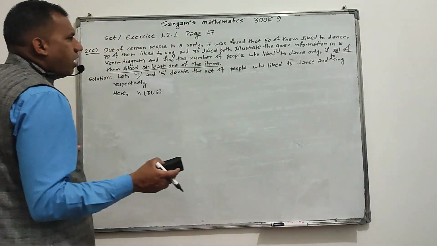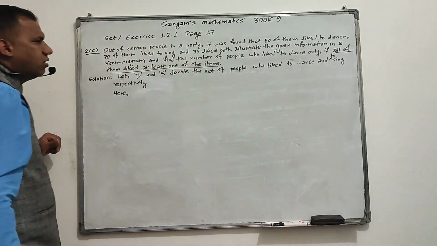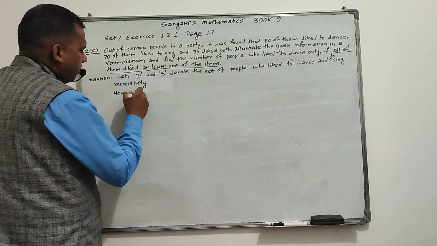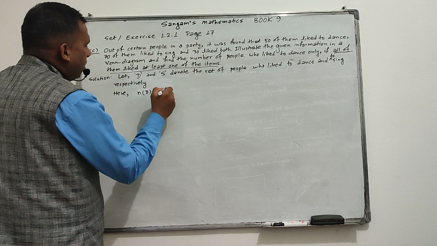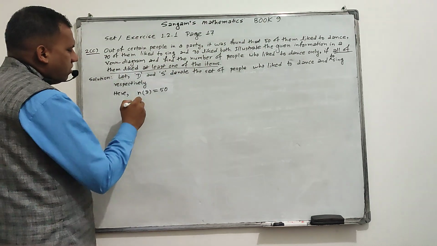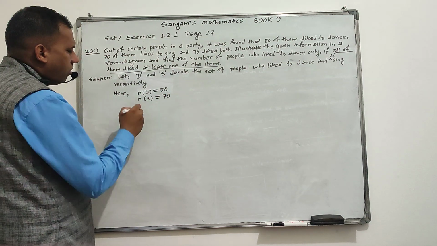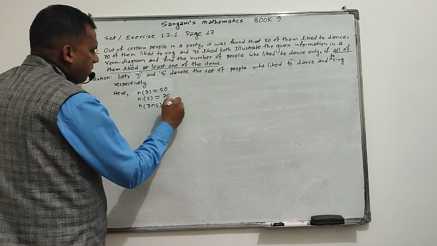So everyone likes at least one item, so we need n(A). 50 of them like dance, so n(D) equals 50. 70 like sing, so n(S) is 70. 30 like both, so n(D intersection S) equals 30.